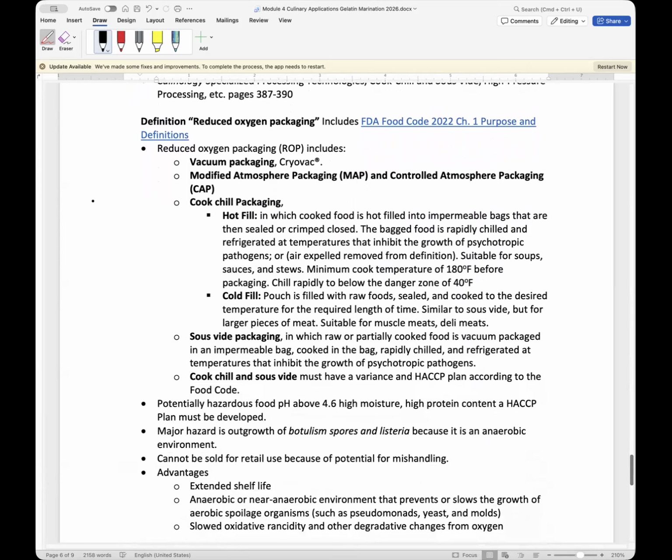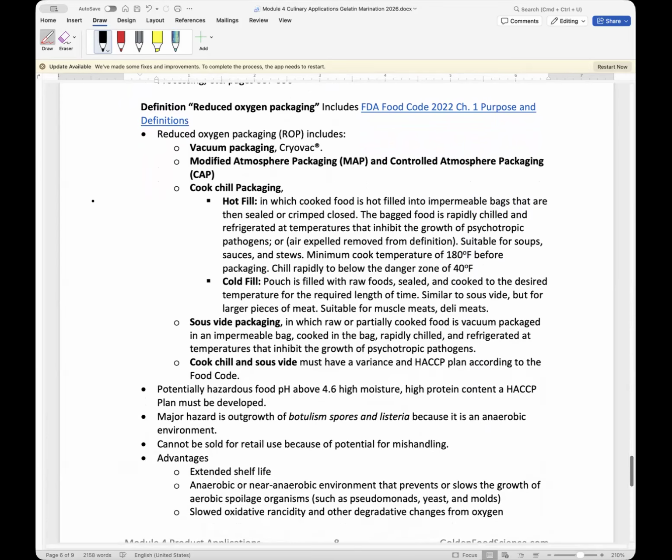So ways we can do that, we can do the old time cryovac. We can use modified atmosphere packaging. In that particular case, we would add an inert gas, and generally the inert gas is nitrogen. The air around us is like 70%, my girlfriend told me yesterday, like 72% nitrogen.